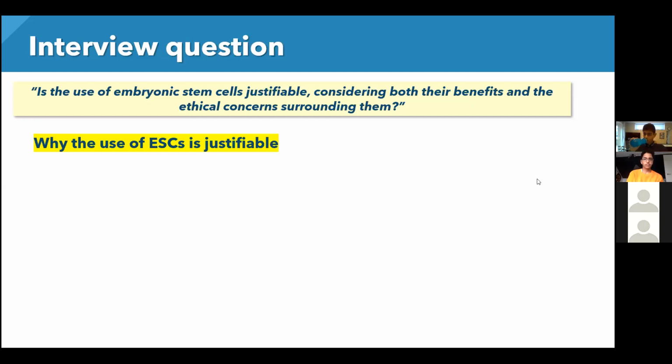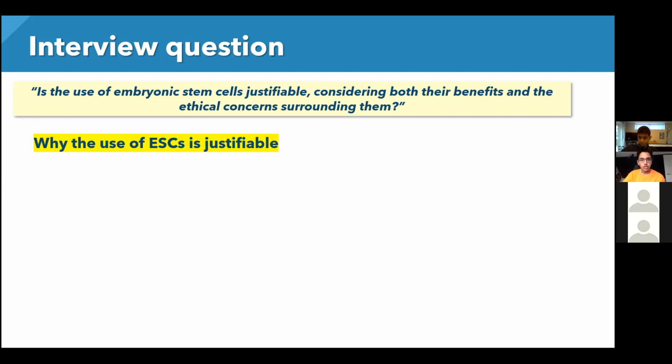Yep, sure. So does anyone have any ideas? Okay, so someone said that the benefits outweigh the concerns. Why? Could you explain? Because they can provide treatments for many diseases.